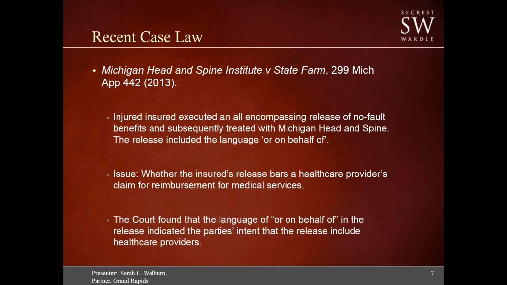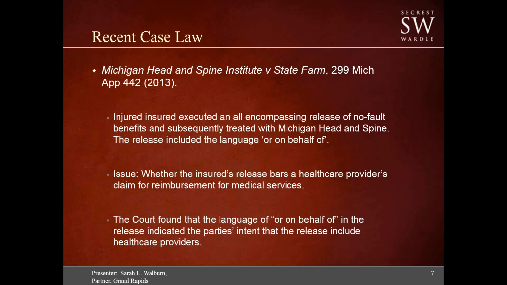After signing the release, the insured began treating with Michigan Head and Spine, and apparently it was clear that the injuries were sustained in the accident that this person was seeking treatment for. Now, State Farm refused to reimburse the plaintiff his costs based on the release. The issue presented in the case was whether the insured's release barred the healthcare provider's claim for reimbursement for medical services rendered to the insured after the release was executed.